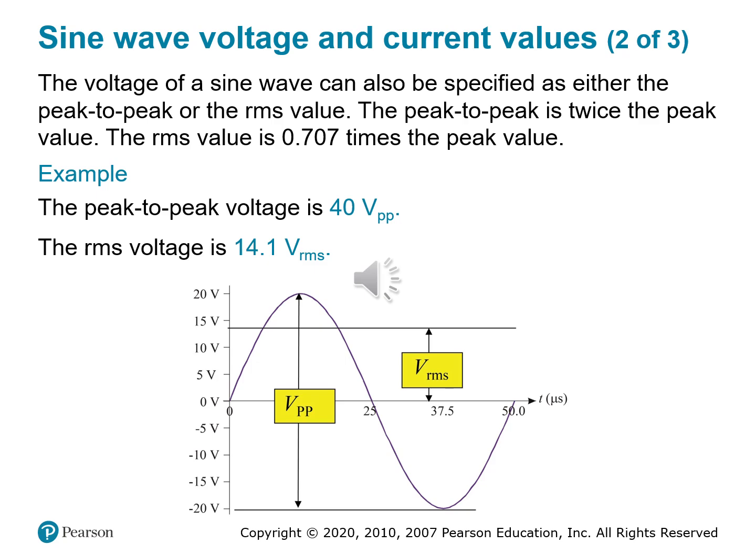V sub PP means voltage peak to peak, and that will be 2 times whatever the voltage peak is. In the example shown here, the waveform peaks at plus 20 volts and dips at negative 20 volts. So the voltage peak to peak is 40 volts, 20 volts up and 20 volts down.